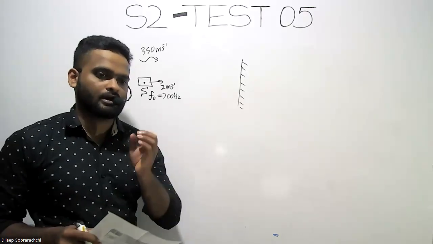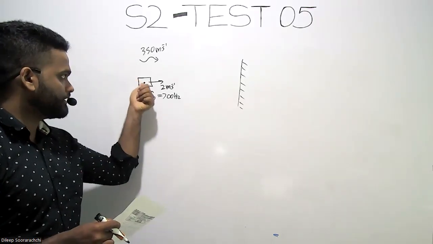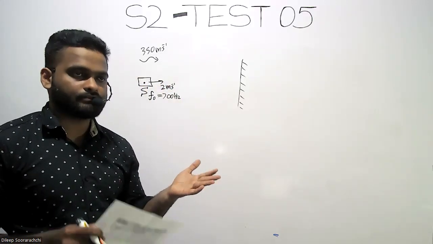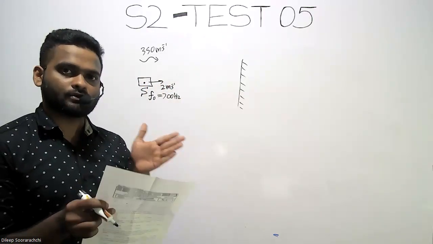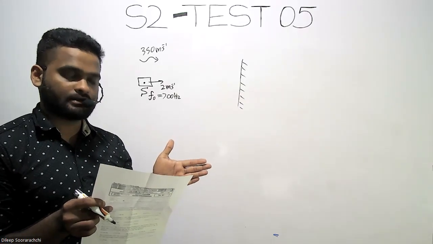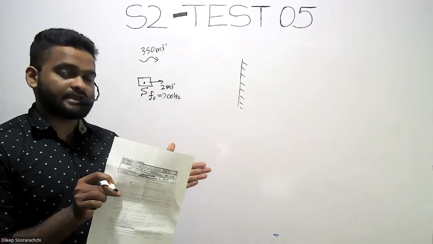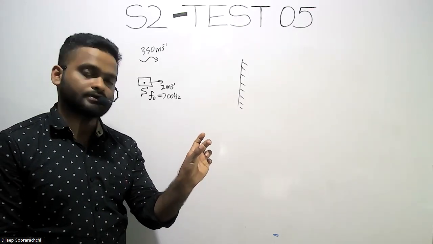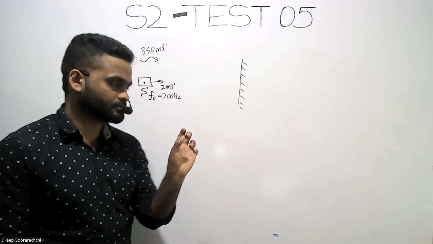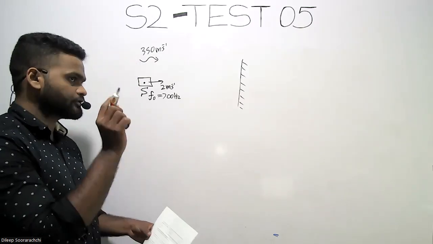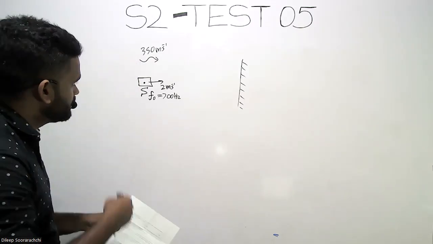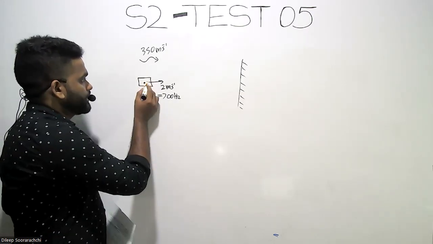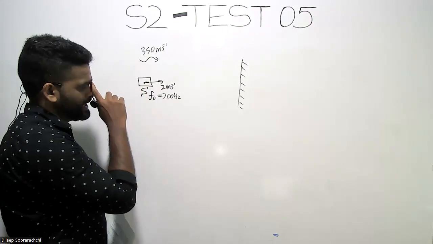So you have to think, how can the driver hear a beat frequency? In order to hear a beat frequency, you need two different sound sources, and there should be a slight difference between the frequencies of those sound sources. That difference should be less than 10, otherwise you wouldn't hear the beats. So the driver is here. What is the other sound source?